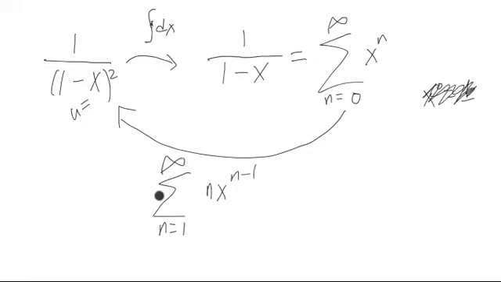Okay. And these two will actually be equal then, since their derivatives will match, because we took an antiderivative and then we just took its derivative, and we should get back to the same place.